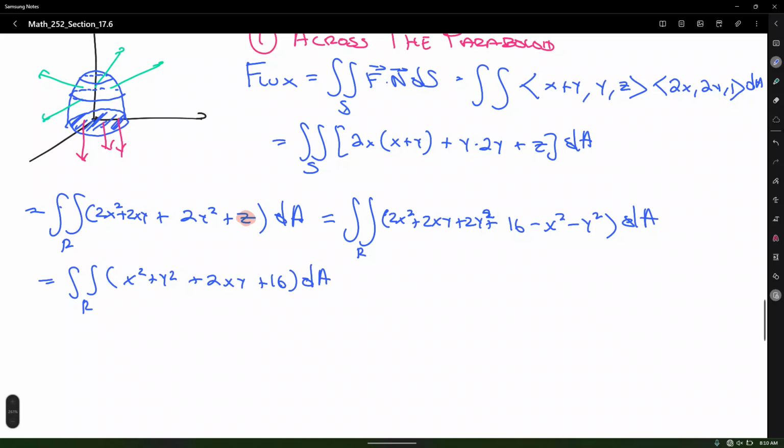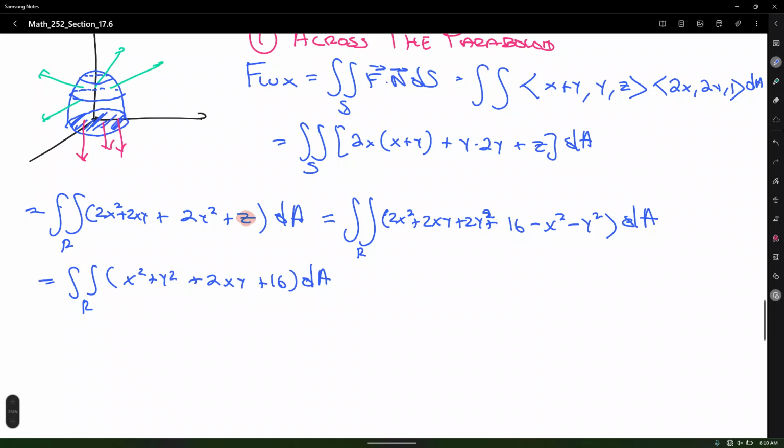Now, think about it. No GeoGebra at all for this one. Hopefully by now, you can use your imagination and see what's going on in the projection onto the XY plane for the surface. So don't think about the 3D space for now. Think of the XY plane.